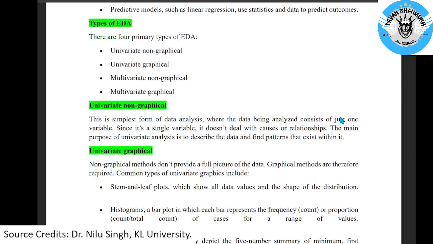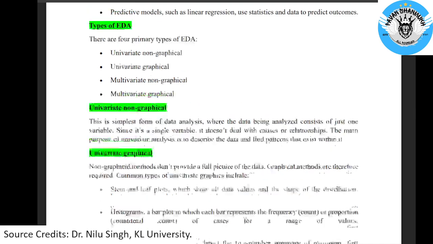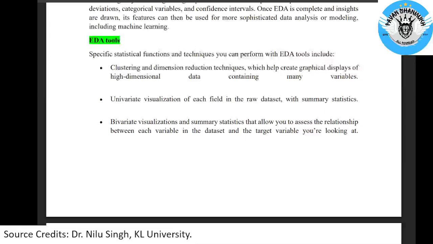Good. Now, types of EDA. So, what are the types of EDA we have? That is what we are going to discuss now. We have four types. As I have told earlier in the tools, we have univariate, bivariate, and multivariate classifications or clustering, visualizations.